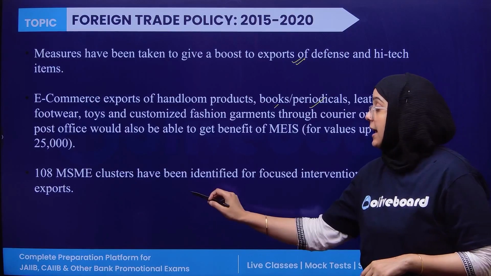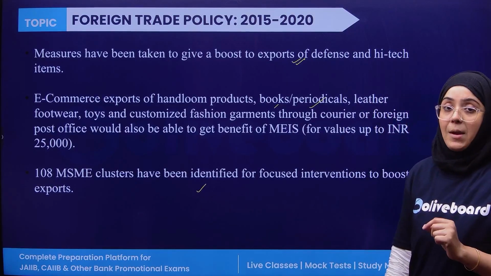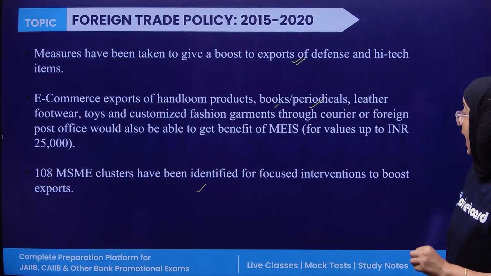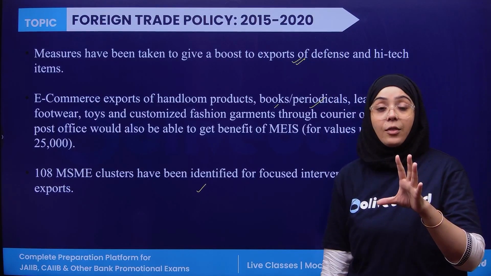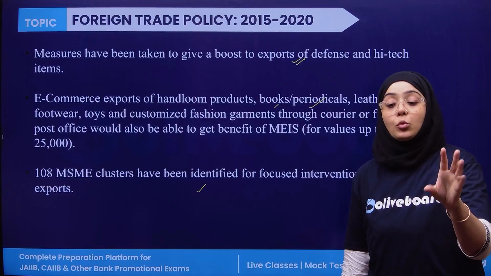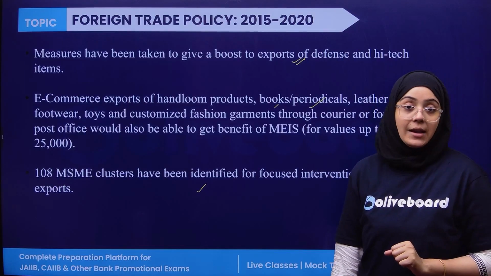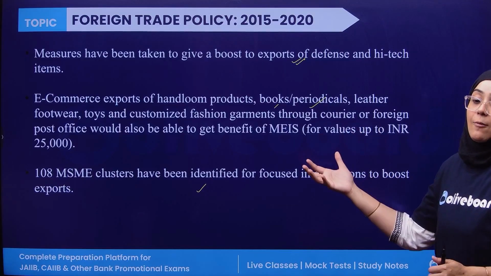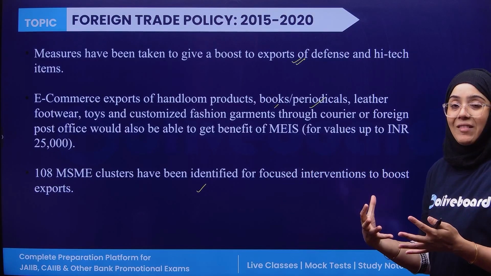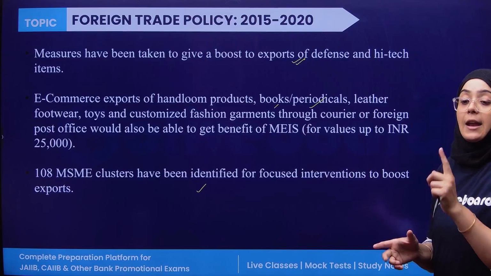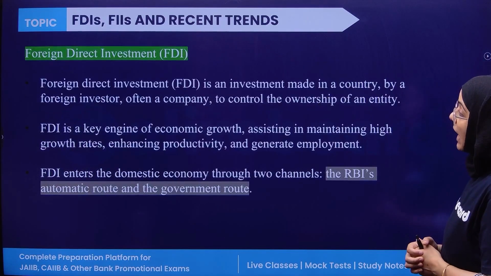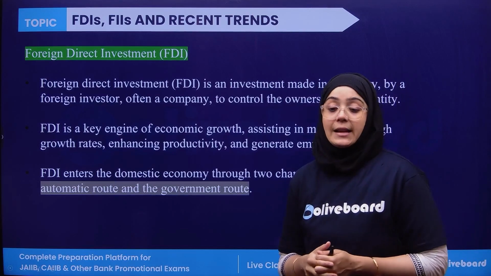Then approximately 108 MSME, micro, small and medium enterprises clusters have been identified, and the focus has been made to boost the export, right? So 108 MSME clusters have been identified. Then different government sector schemes have been merged into one scheme. Clear?